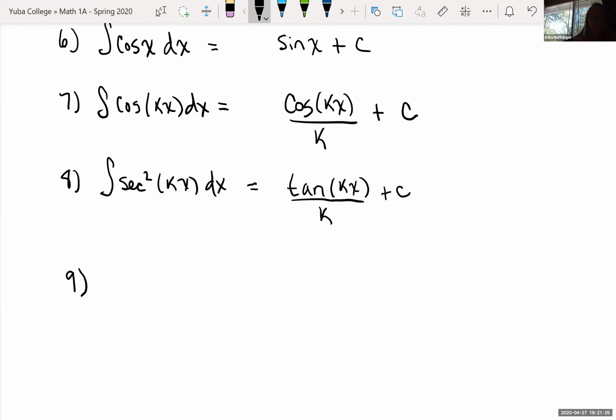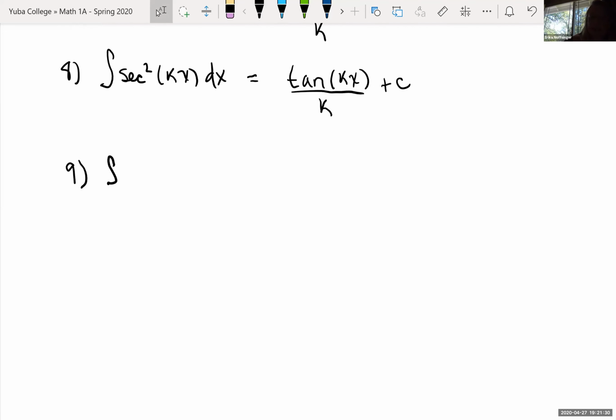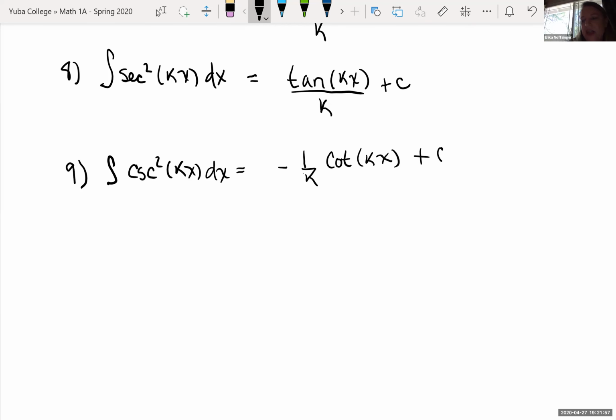So the antiderivative of cosecant squared of kx dx is equal to negative cotangent kx all over k. We always have to tack on that constant c until we get to definite integrals, and we're never going to put that c on there.